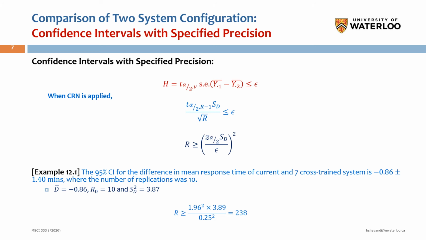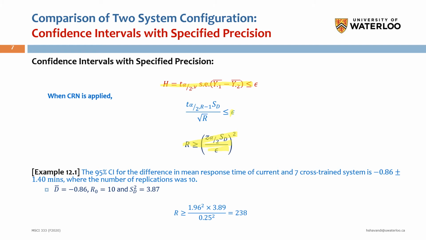If we want to have a confidence interval here with a specified precision, we can follow the same approach that we had before in chapter 11. So here we have an epsilon, which is a desired level of error. So now we can obtain how many replications we need in order to reach that level of precision.